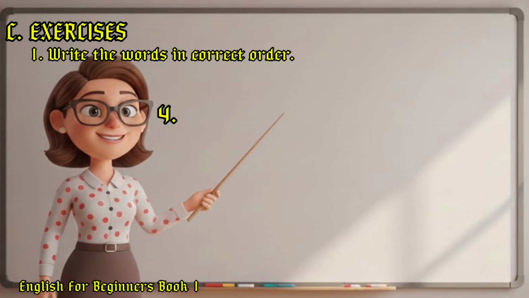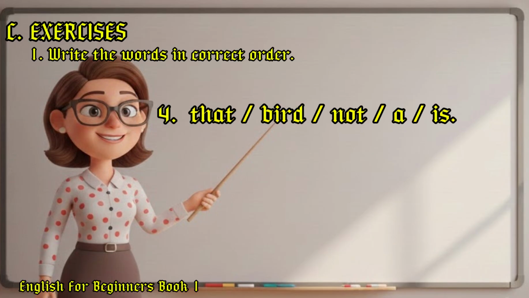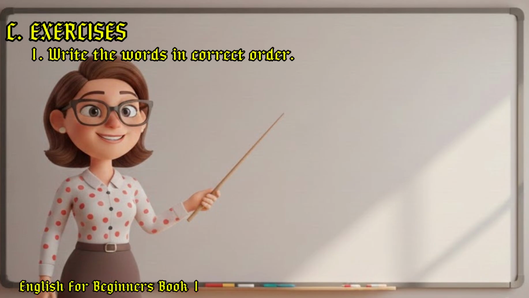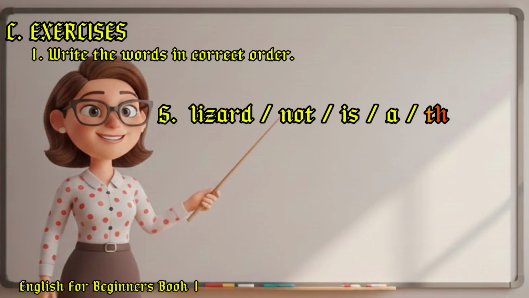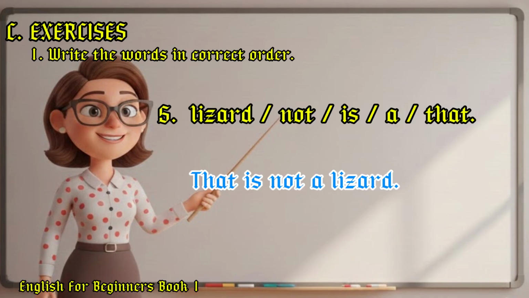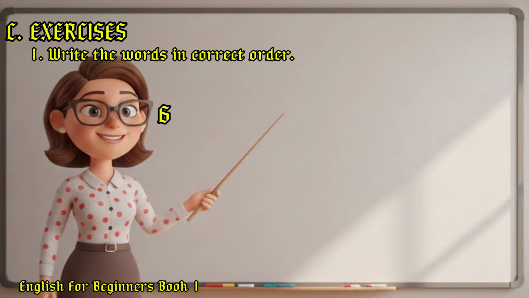4. That bird, not a, is. That is not a bird. 5. Lizard, not a, that. That is not a lizard. 6.